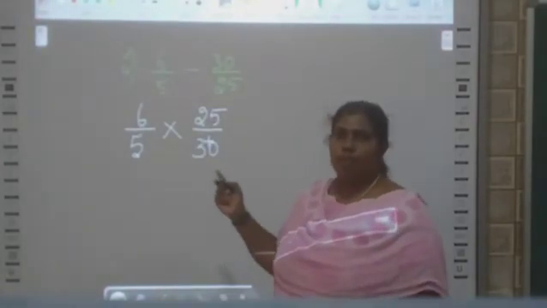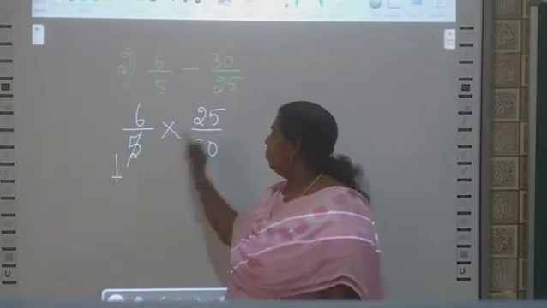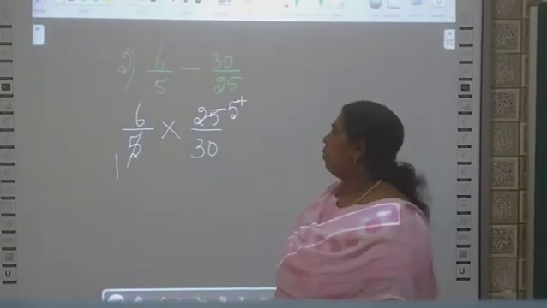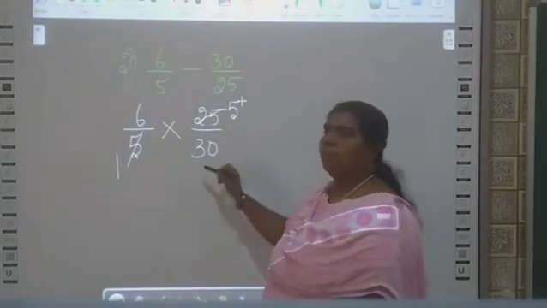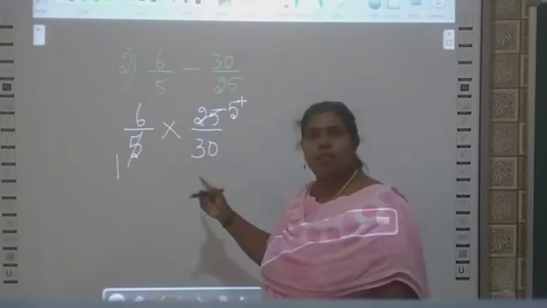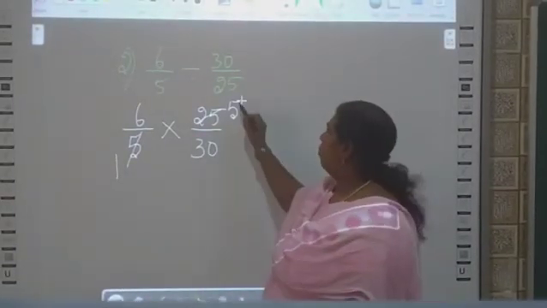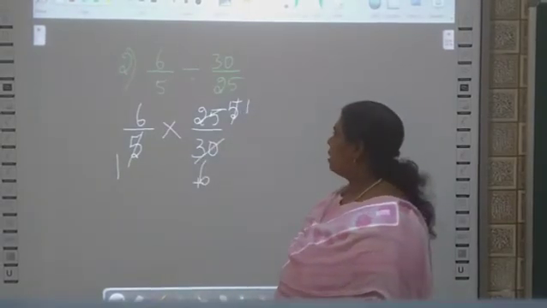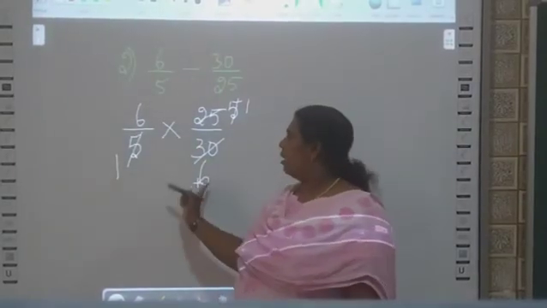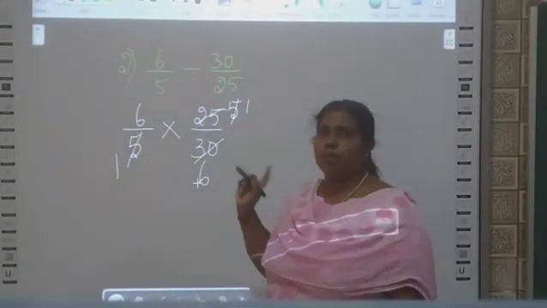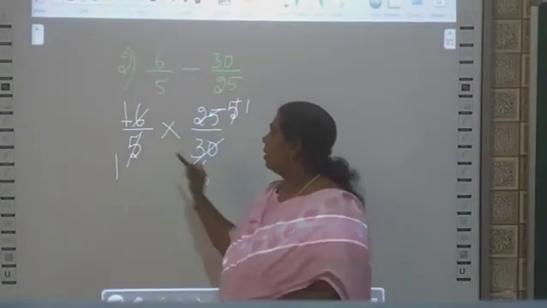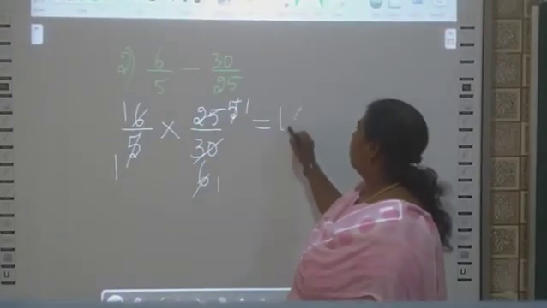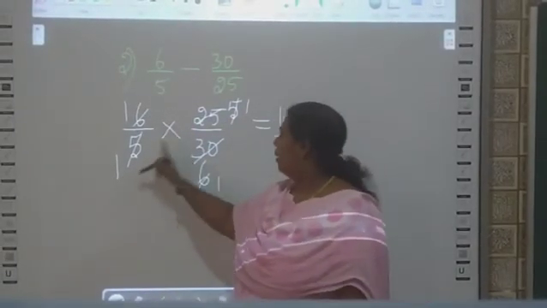We use the fifth table: 1 time, and 5 times 5 are 25. Next, here 30 and 5, fifth table again: 1 time, and 6 times 5 are 30. Now here 6, here also 6. These two numbers we can also reduce, sixth table, 1 time each. So the answer is 1 into 1 divided by 1 into 1.